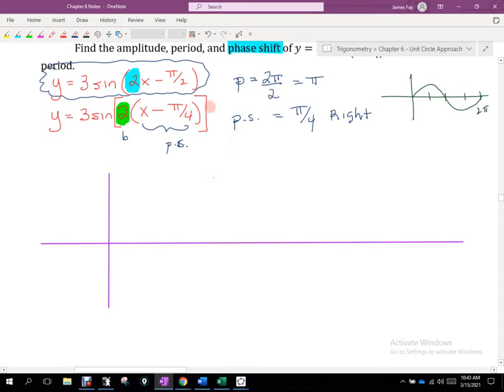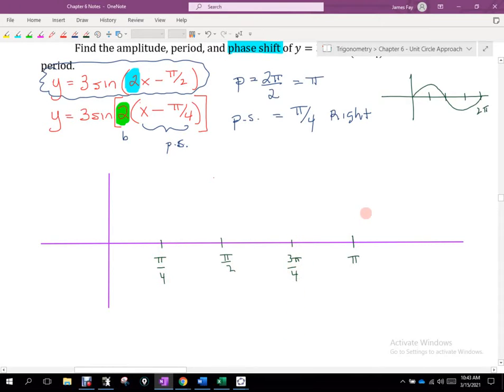But now down here, my period goes from 0 to pi. So just like the parent function, we're going to start cutting that in half. Pi over 2, pi over 4, and then 3 pi over 4.